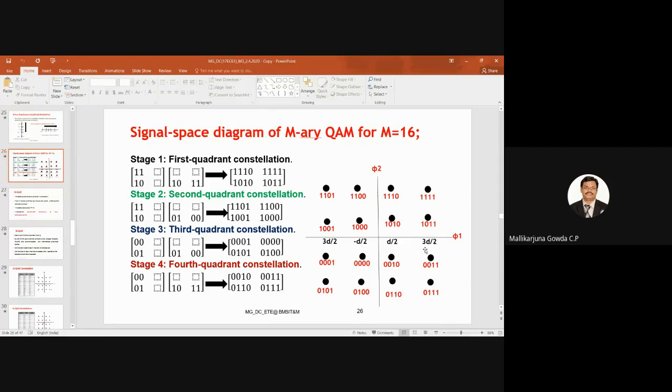If you see only the outer square adjacent code words, you will be able to find there is only one bit change. Similarly, if you see the inner square adjacent code words, you will be able to say yes, there is only one bit change. Hope you got that point. Outer square and inner square, I said.